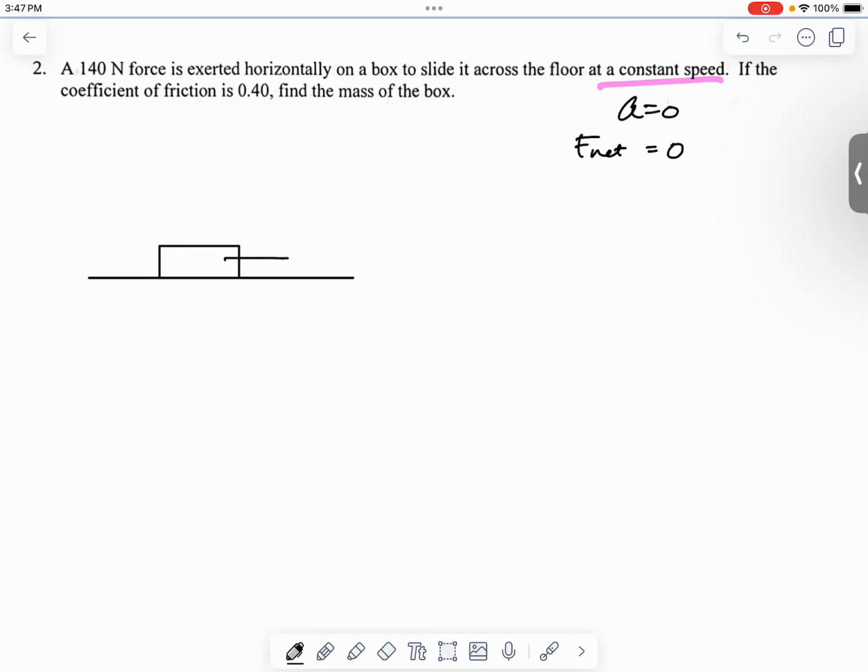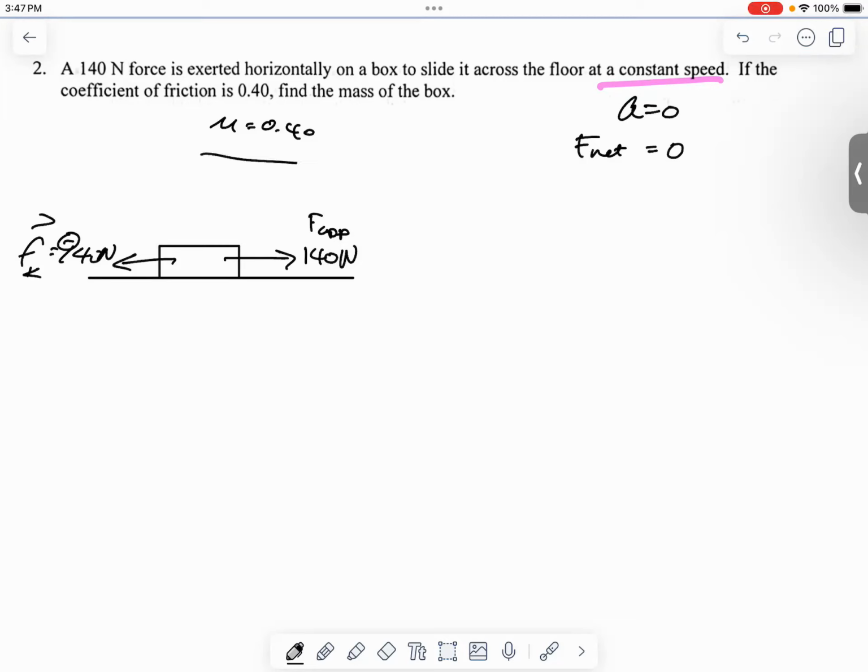So if you have a force that's 140 newtons and it's at a constant speed, and there is a coefficient of friction mu, that only means one thing: the frictional force must be going in the opposite direction of 140 newtons. Okay, so F applied is 140, F friction, K, must be 140 as well, going in the opposite direction.